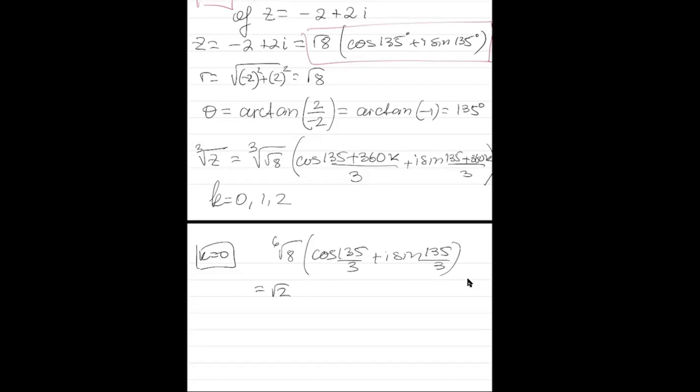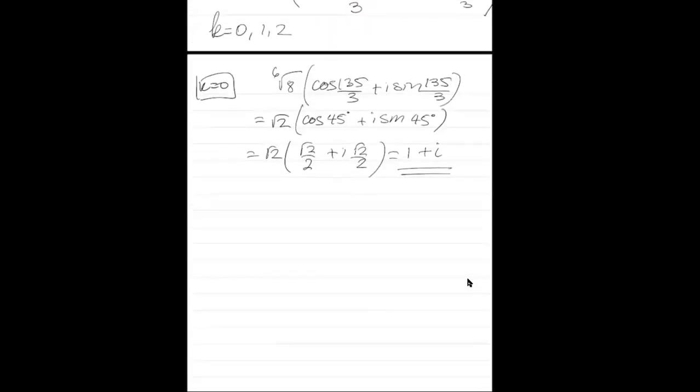You can think about 8 is 2 to the 3rd, so that's square root of 2. And then cosine 135 over 3 is 45, plus i sine 45. We know those values. Cosine 45 is root 2 over 2 plus i root 2 over 2. Distribute root 2 times root 2, that would be 1 plus i. So this is our first cube root, 1 plus i.